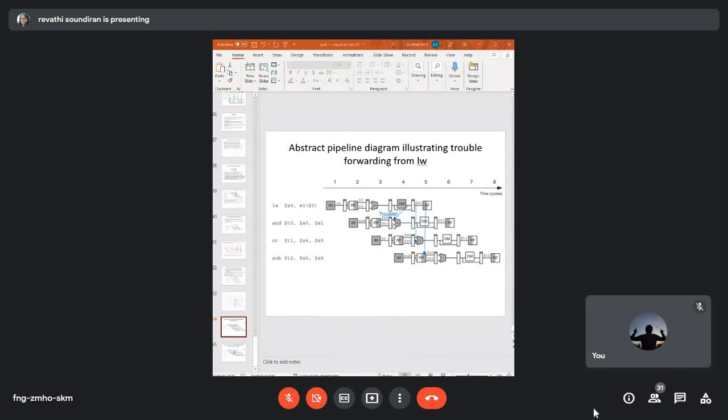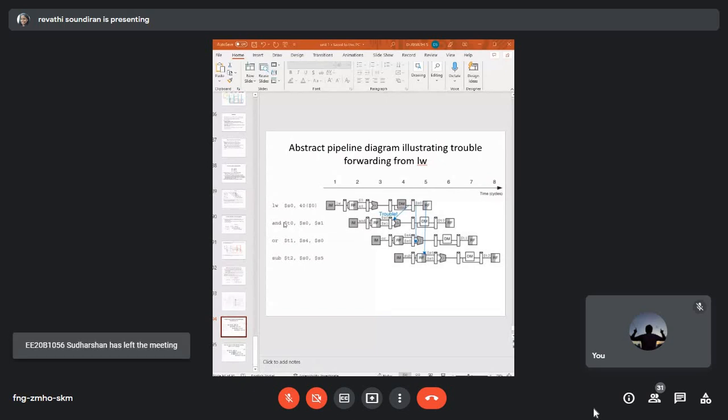Here, with the load word, the output gets finished only after the memory stage, so it cannot be forwarded to the execution stage of your next instruction, which is the AND instruction in this case.